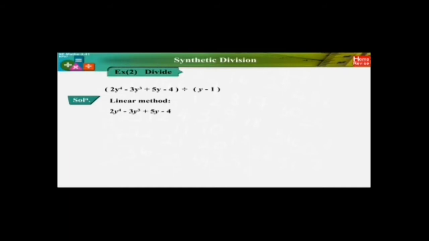2y raised to the power 4 minus 3y cube plus 5y minus 4 can be written as 2y cube times y minus 1 plus 2y cube minus 3y cube plus 5y minus 4.